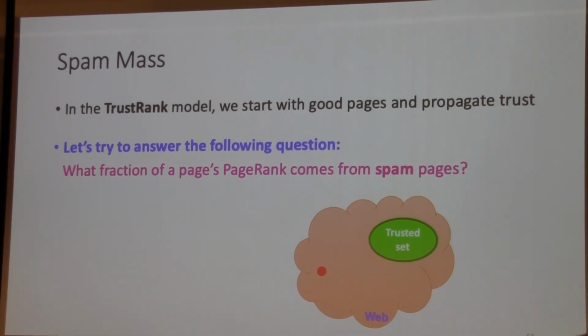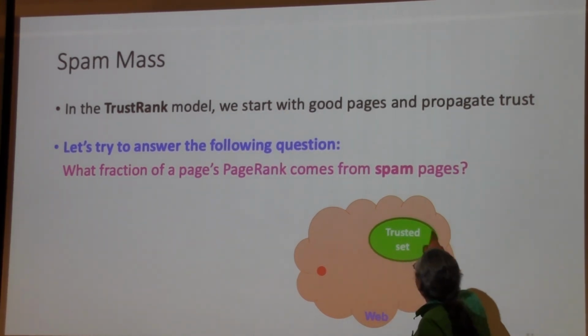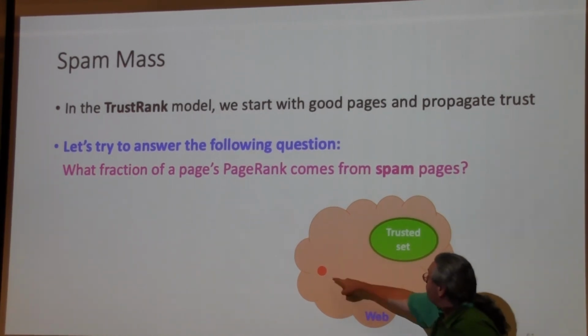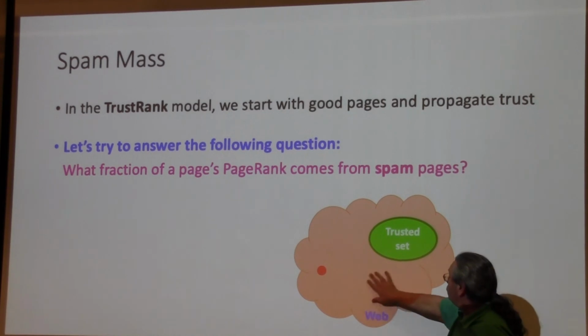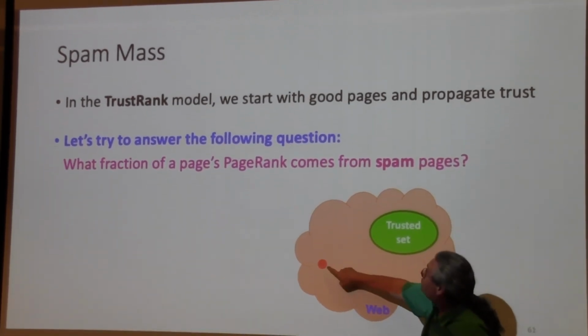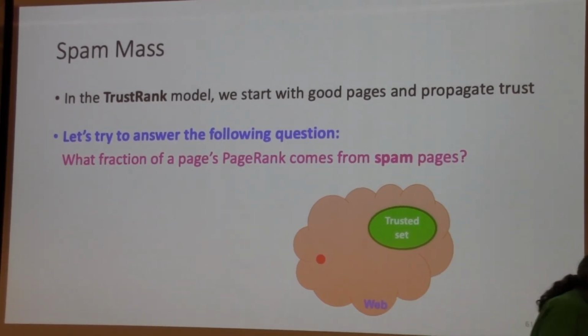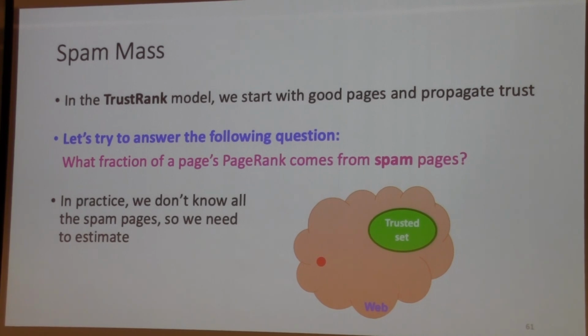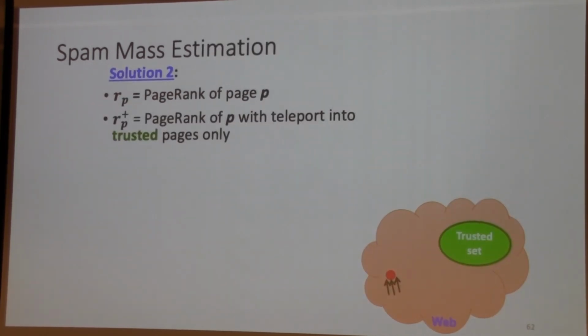So here's a page. Here's a trusted set. And the question is, what fraction of the PageRank comes from spam pages? So some spam pages here, a trusted set. How much of the PageRank is due to spam and how much is real honest PageRank? So we don't really know.